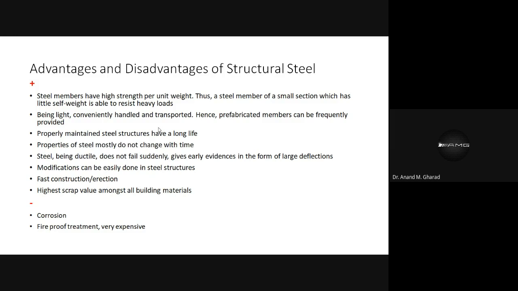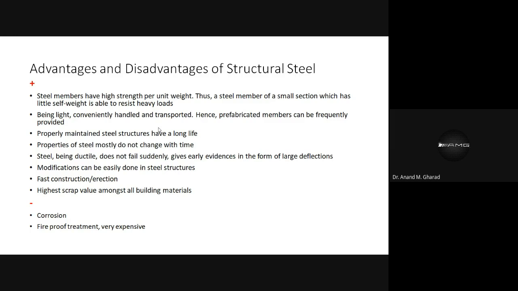You saw the cross sections, flanges, webs, all these components. Although they are monolithic, if you isolate them, you will find that they are a combination of thin sheets. Thickness is of the order of hardly 6 mm, 8 mm, 10 mm, 12 mm.